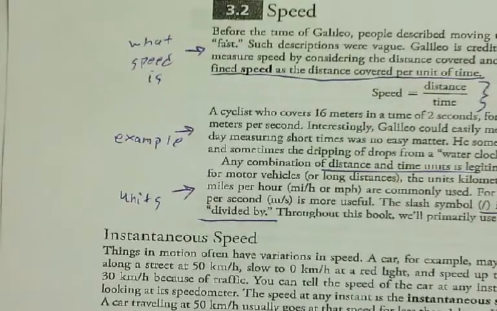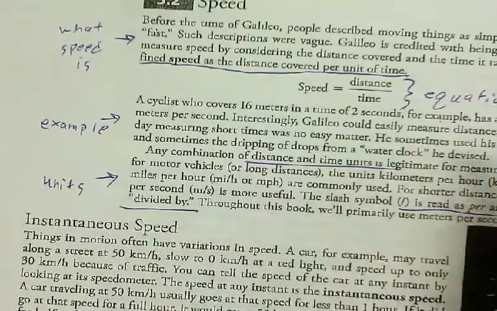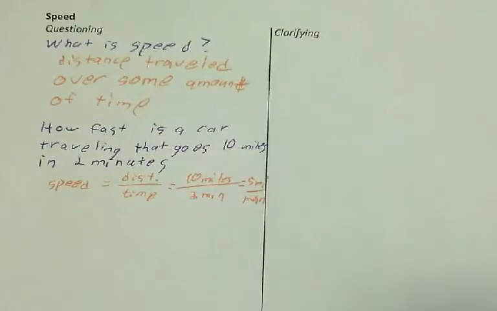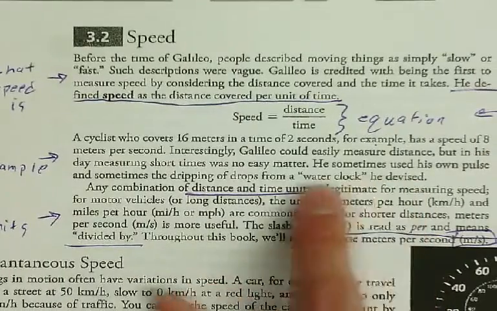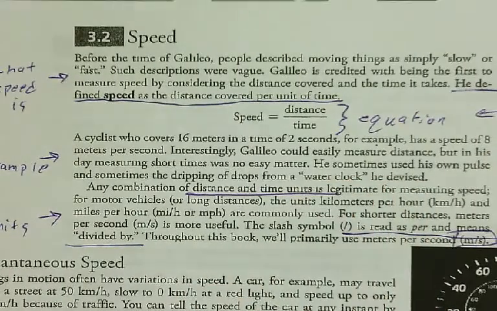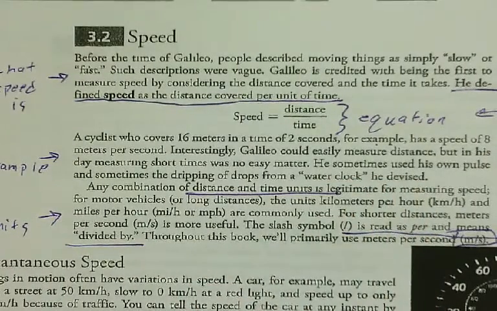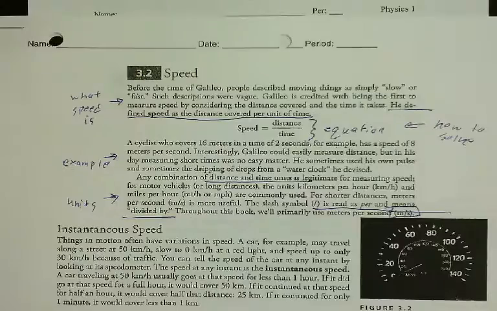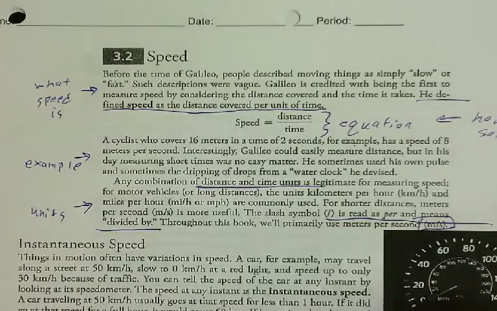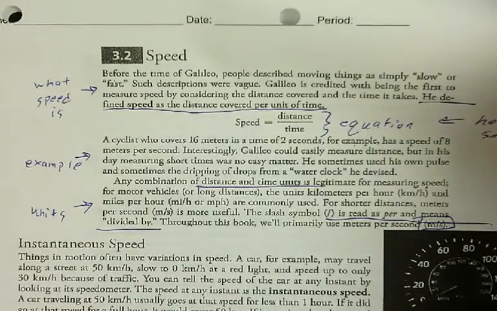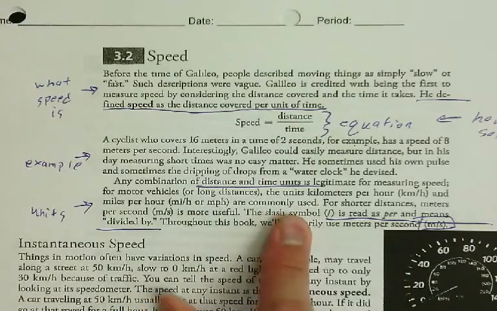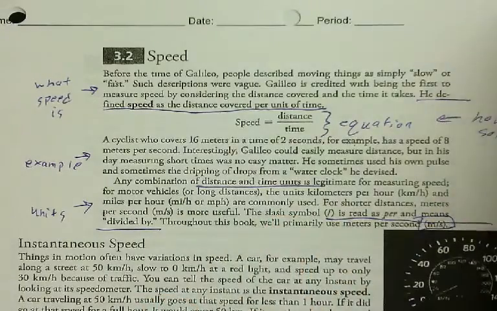Okay, so then this middle section is about an example. So it talked about going 16 meters in 2 seconds. Well, I kind of did an example like that already. The rest of this middle paragraph is talking about how he measured it. That's probably not something you would necessarily have to know to still prove you understood speed. If you didn't know exactly how Galileo did it, you would probably still understand speed. So down here in units, this is probably important.